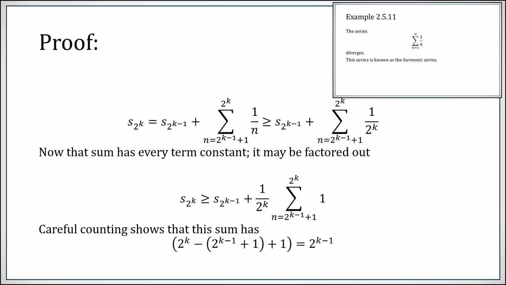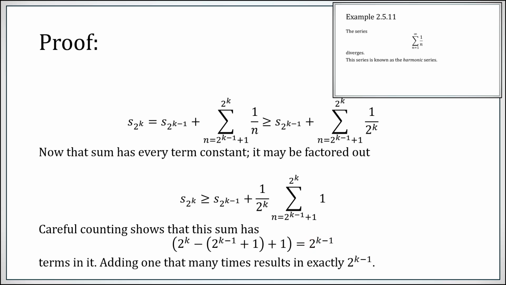That was 3 numbers. So 9 minus 7 is 2, plus 1. So to count how many numbers there are from this one to that one inclusive, you take the difference, but then you have to add in 1. Just working all of this out, you get exactly 2 to the k minus 1. So summing this up, we'll be counting ones over and over, and you will have exactly this many of them.